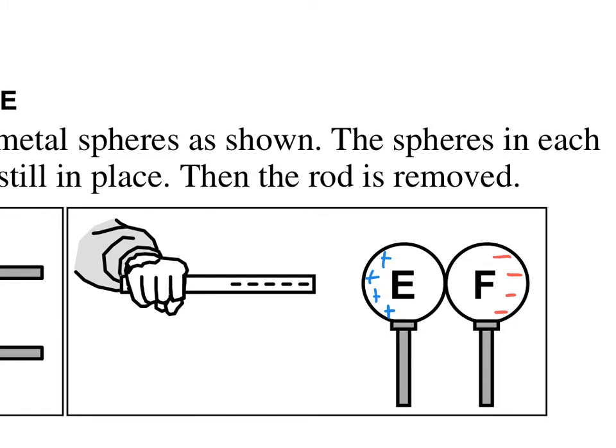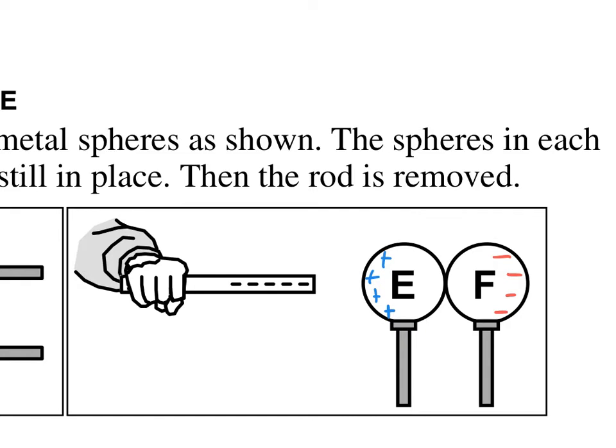Not 4 positive moving charges, but the negatives that went over to the far side of F used to be on the near side of E. Now I just made up 4 arbitrarily. I'm just making that number up because it's an easy number to draw. Obviously there are millions of charges on material.